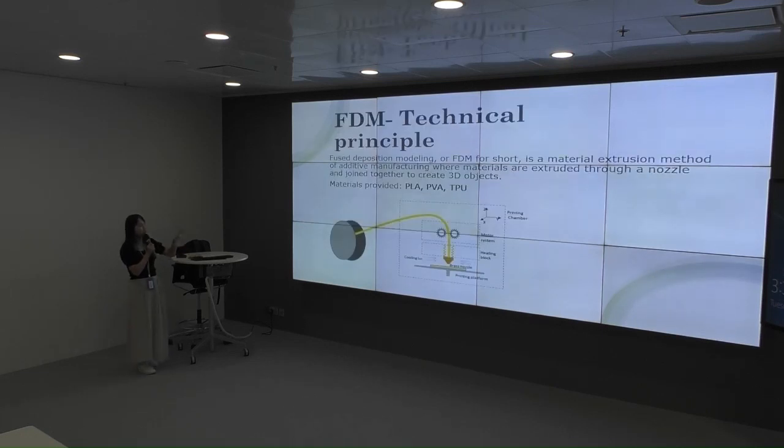The first one, FDM, just like the technology mentioned by Stuart, builds the 3D object layer by layer from the 3D printer.